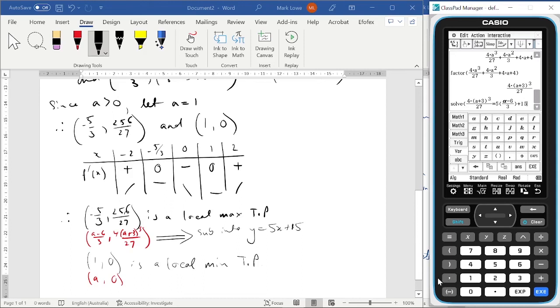And when you're using the solve function on your calculator, if you're using a variable that is not x, in this case a, you just need to put a comma and then the variable a, just to tell the calculator we're solving for a.